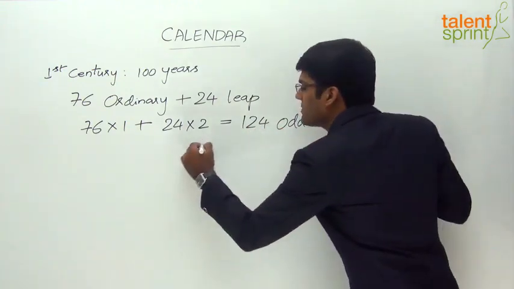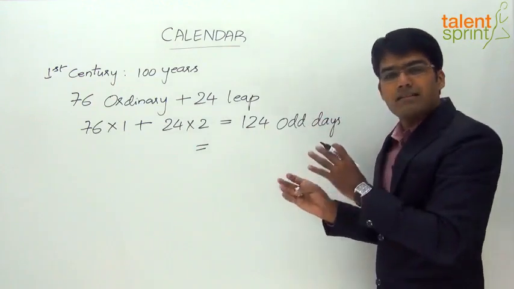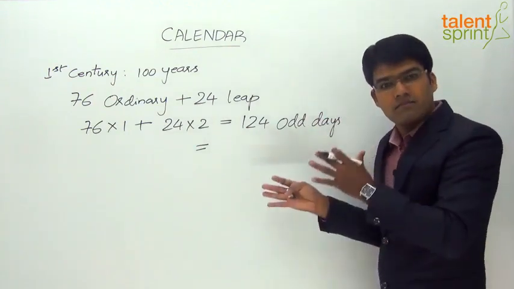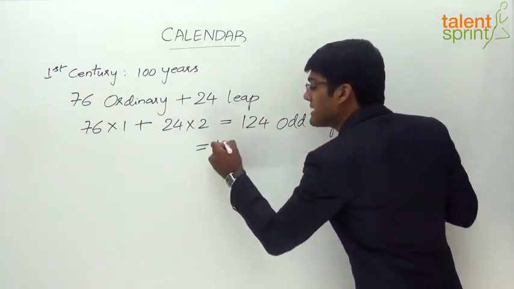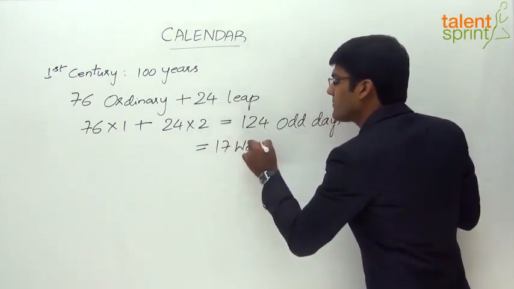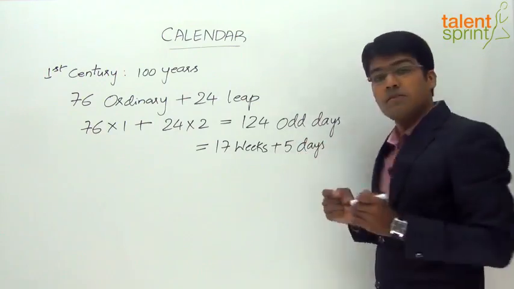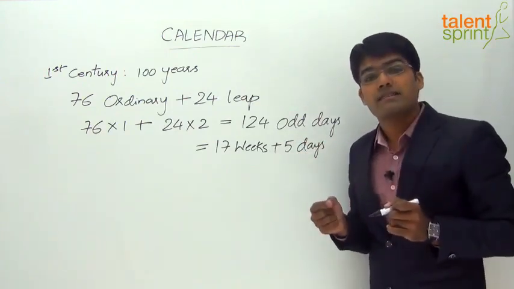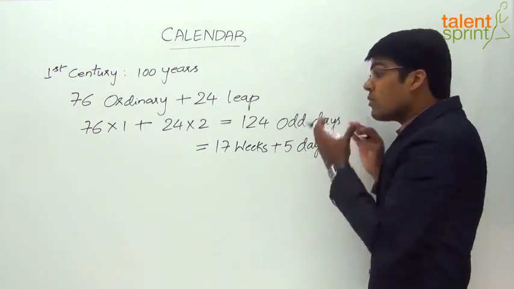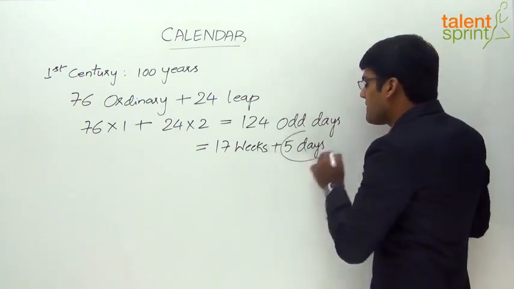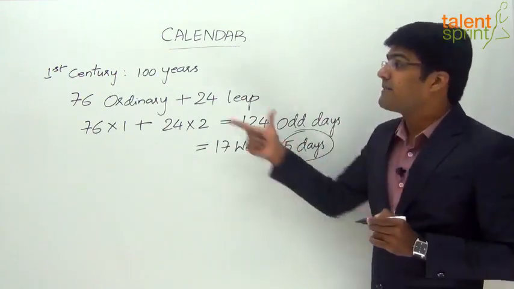If we split 124 days in terms of complete weeks and additional days, we get 17 complete weeks plus 5 days. And since the number of odd days is the number of days more than the complete weeks, we can say there were 5 odd days in the first 100 years.